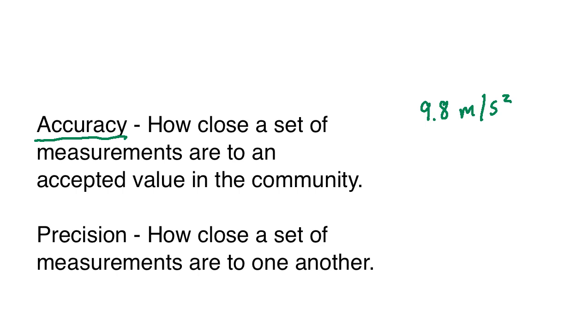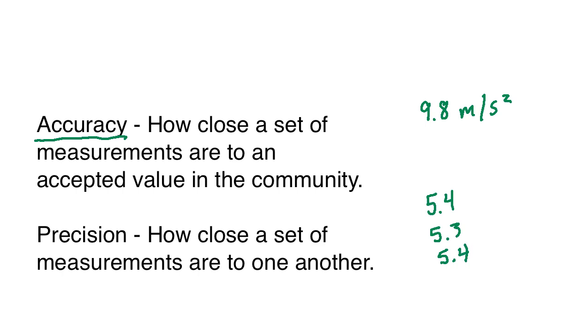Now, precision. Precision can, in theory, always be achieved with good scientific setup and instrumentation because you don't need a known value to achieve precision. Precision is how close a set of measurements are going to be to one another. So let's say that I'm going back to that measuring example for gravity, and I say, I measured 5.4, and then I measured 5.3, and then I measured 5.4.